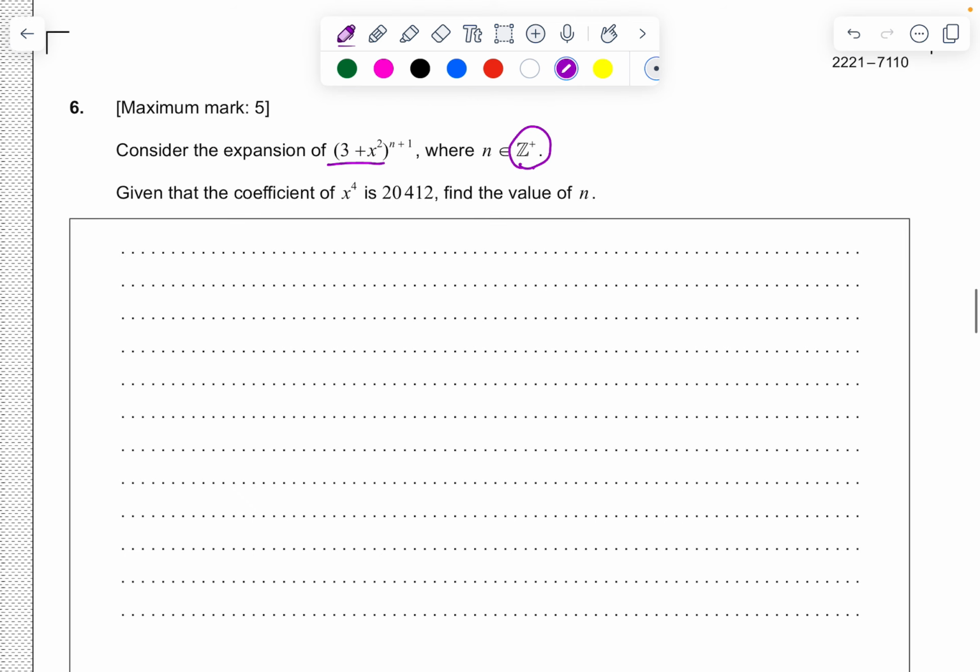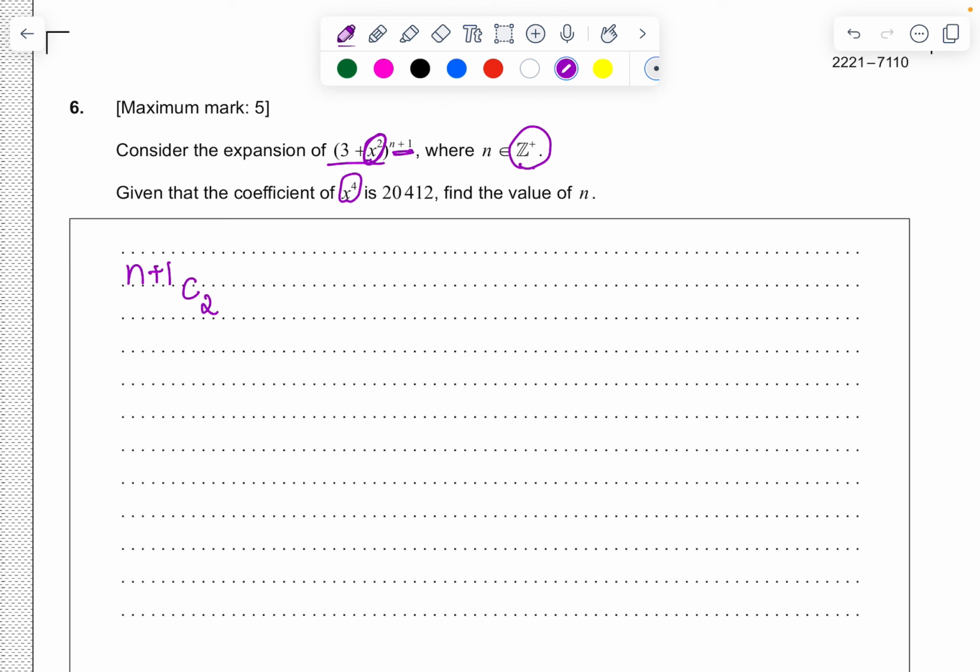Okay, so x to the power of 4, which means you can see that the b term must be x square whole square. Then only it can become x to the power of 4. So which means n plus 1, because now n is n plus 1, C, it must be 2 because our r must be 2 here.